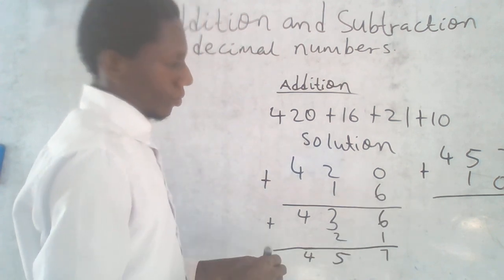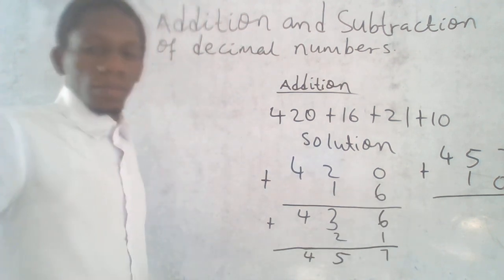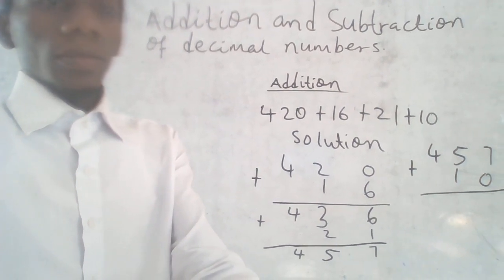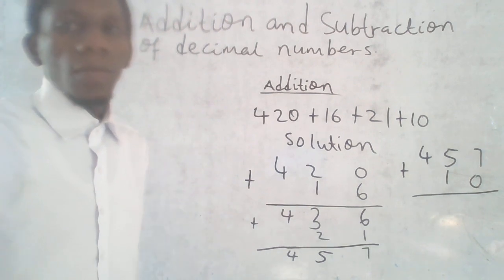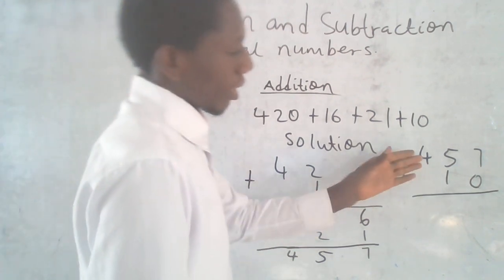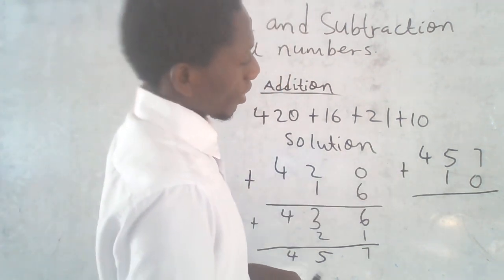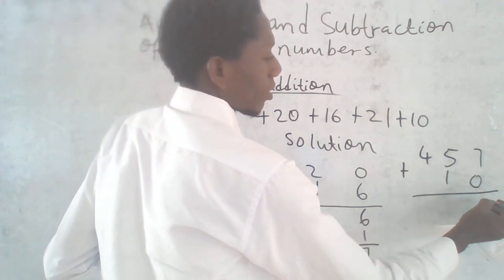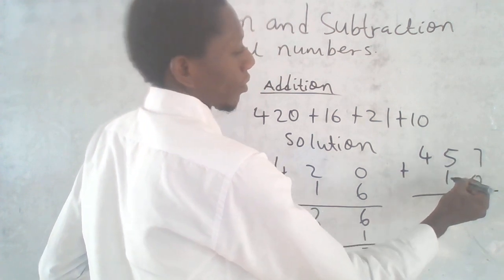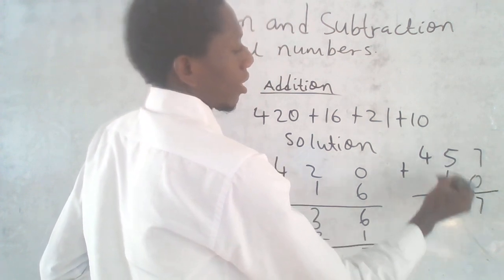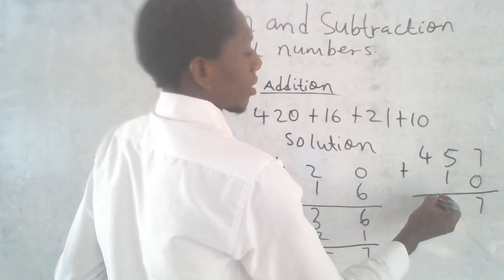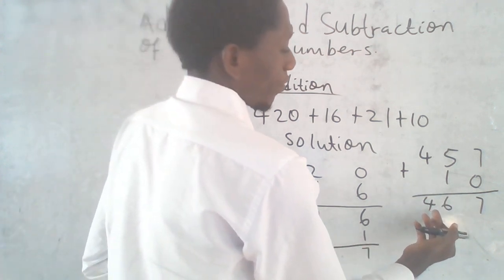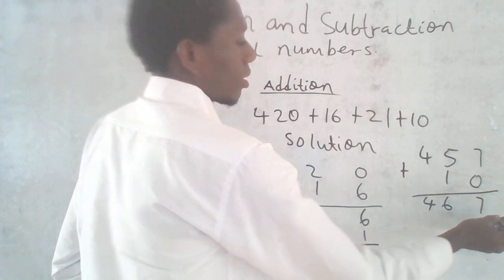So we have 457 plus 10. 7 plus 0 is 7, and 5 plus 1 is 6, and 4 plus nothing is 4. So your answer becomes 467.